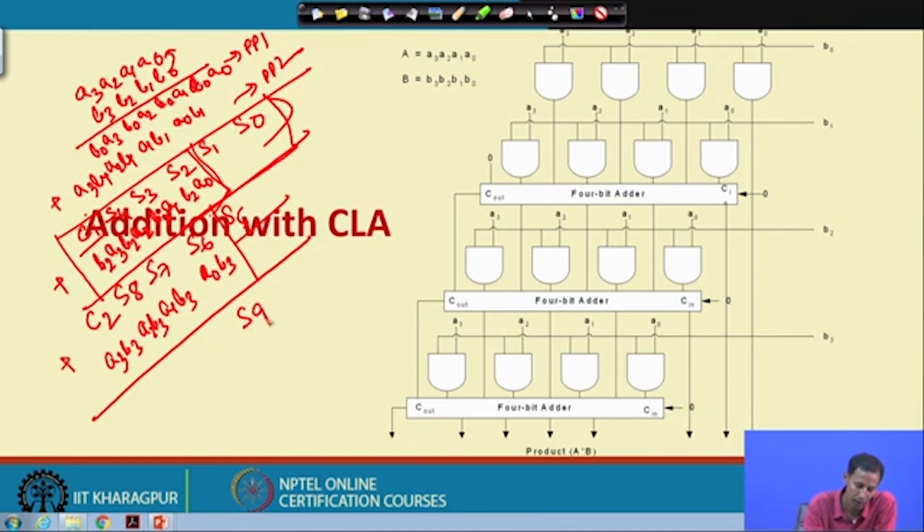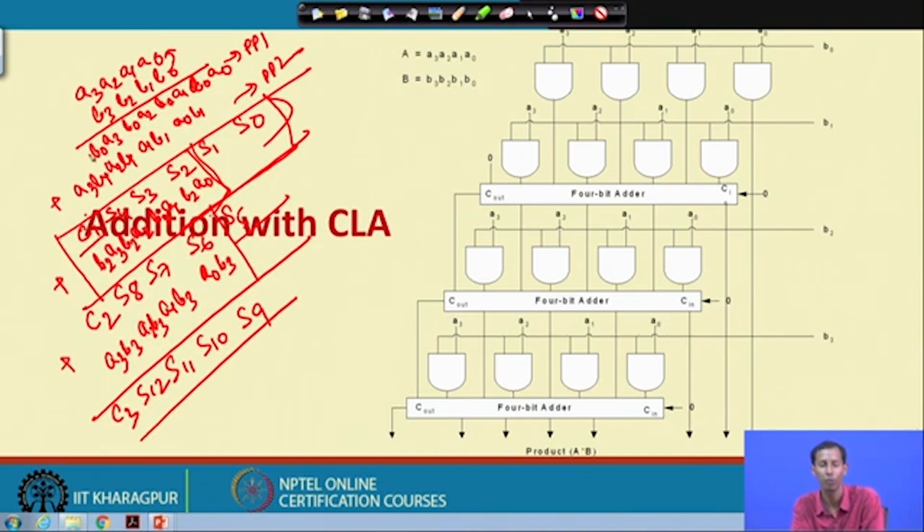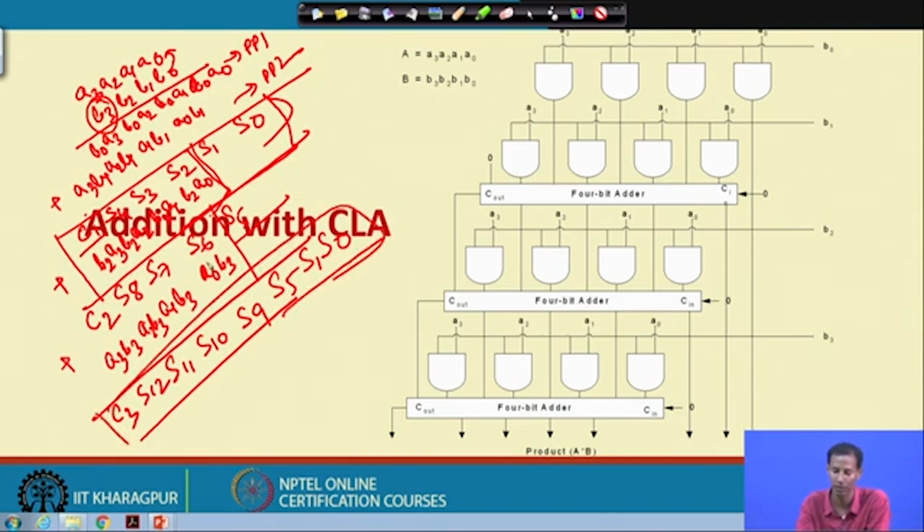So, here what will I get? S9, S10, S11, S12 and then C3 over here. So, finally, I do not have to do this ANDing operation over here, that means all the bits of B I have already completed. So, now finally, what will be my output? S5, S1 and S0. So, this is the final product output of this.